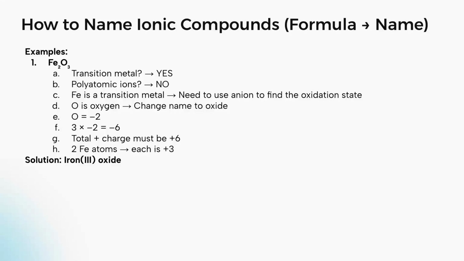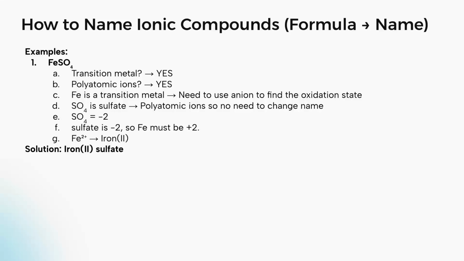We have 3 oxygens, so 3 times -2 equals -6 charge. Because the total negative charge needs to equal the total positive charge, the total plus charge must be +6. Because there are 2 Fe atoms, each of them must have a 3 plus charge, so +3 times 2 equals +6, the total charge. So combine it: iron 3 oxide.